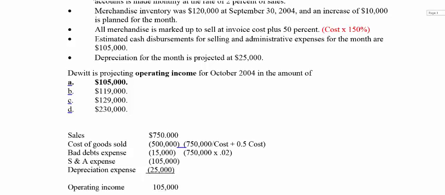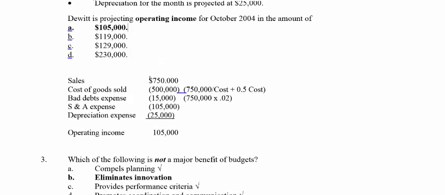If we plug all of those numbers in, sales minus cost of goods sold minus bad debts expense minus selling and admin minus depreciation leaves us with operating income of $105,000, which is A.